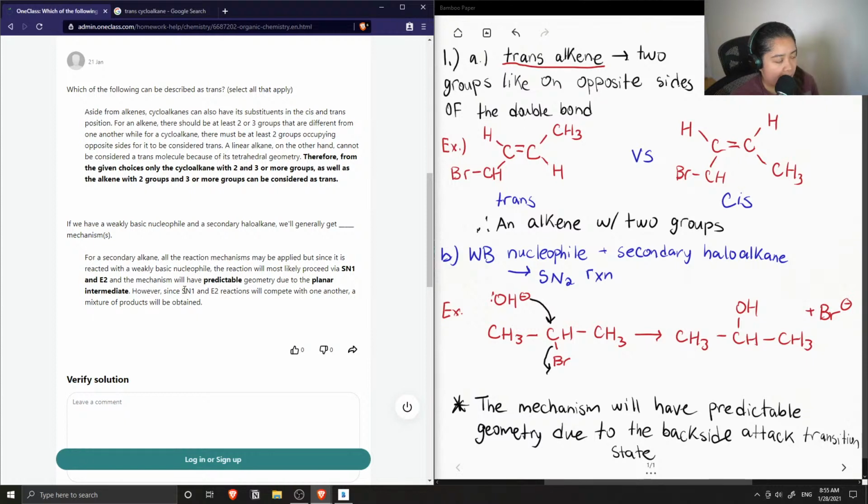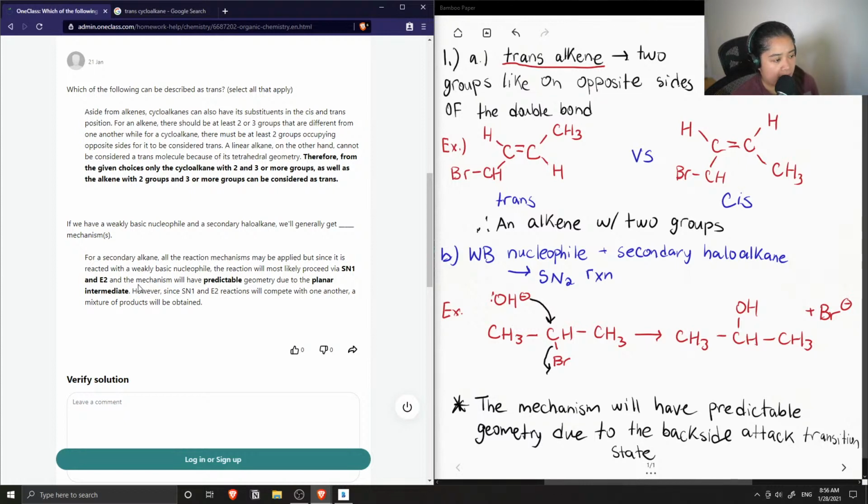And if we have a weakly basic nucleophile and secondary haloalkane, we'll generally most likely proceed via SN1 and E2, and the mechanism will have predictable geometry due to the planar intermediate.